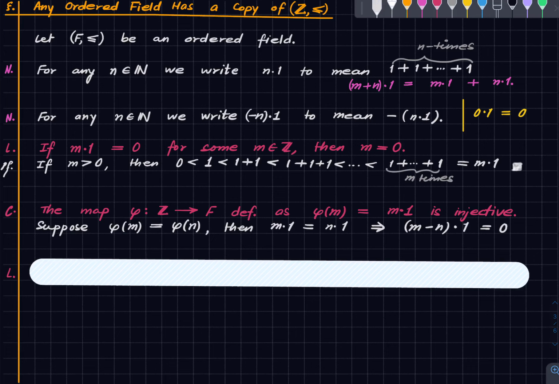is 0. So maybe I should have highlighted another property before we came here.